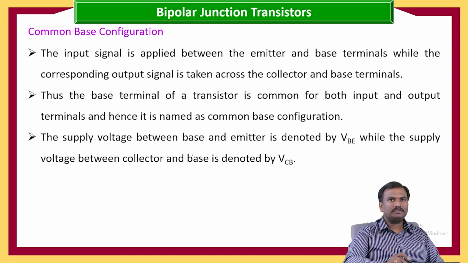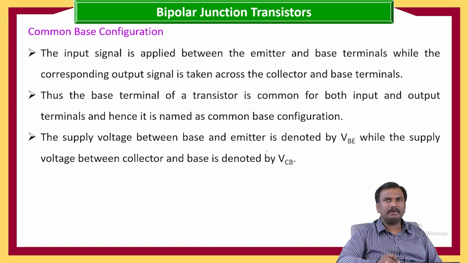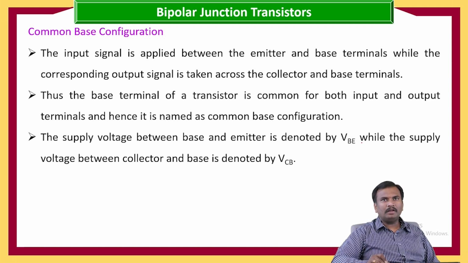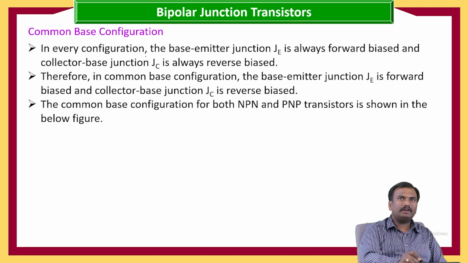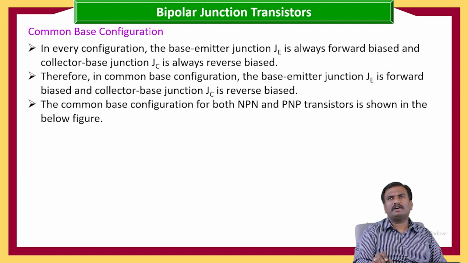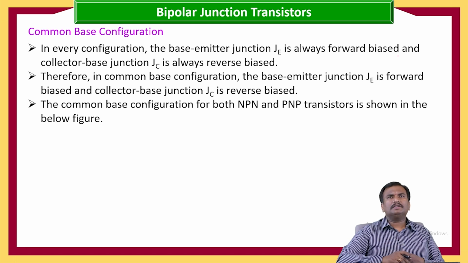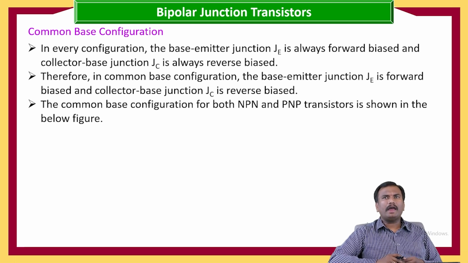The supply voltage between the base and emitter is denoted by VBE, while the supply voltage between collector and base is denoted by VCB. In every configuration, the emitter junction should be forward biased and the collector junction should be reverse biased.